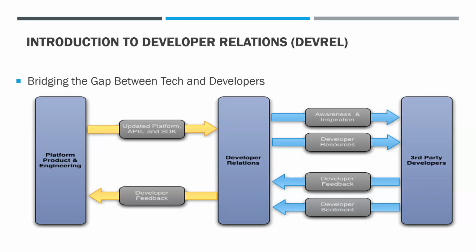Earlier on, there was no developer relation engineer. It was just communication between developers and tech companies. But now, from 2017, most especially during COVID, that was when it gained more popularity, because these companies need someone to communicate better to software developers.